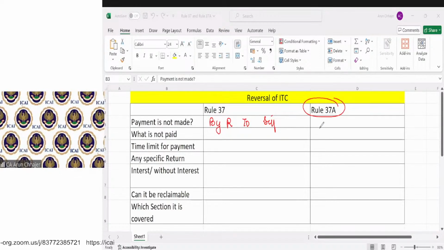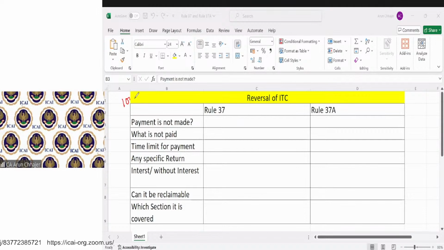No, not the same. In Rule 37A, it is by supplier to government. The difference I'm talking about: 37 is talking about the recipient not making the payment to the supplier, and 37A is talking about the supplier to the government.